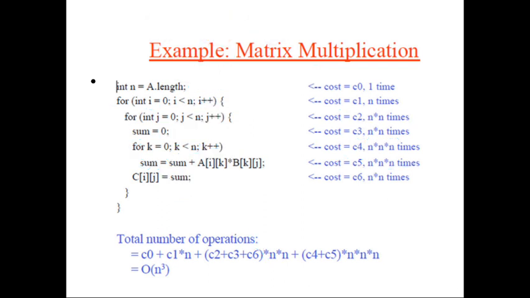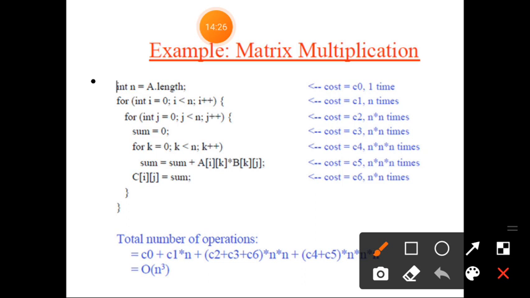The total cost is represented as the sum of C0 into 1, plus C1 into n, plus n square for C2, C3 and C6, so C2 plus C3 plus C6 into n square.